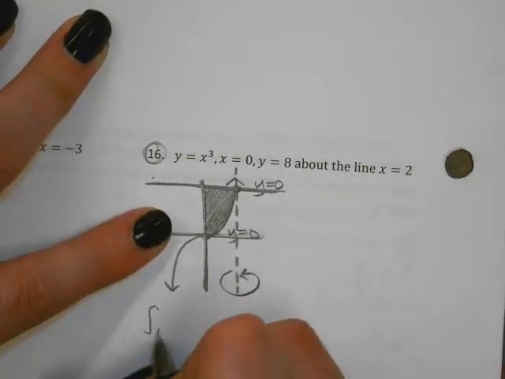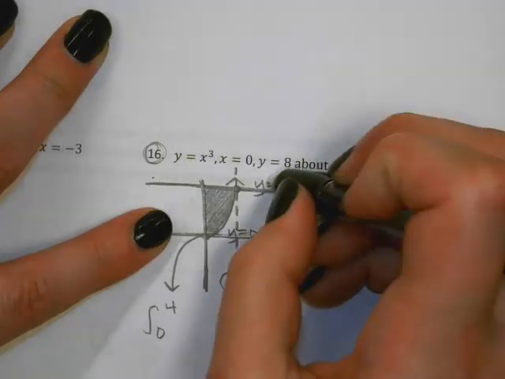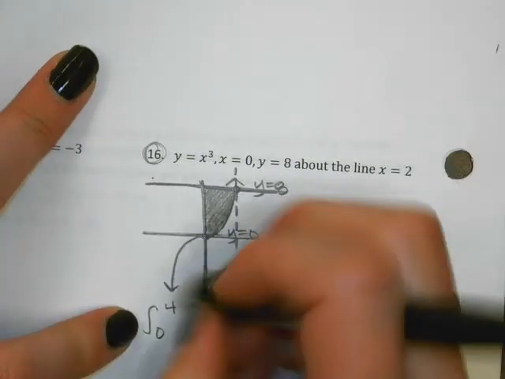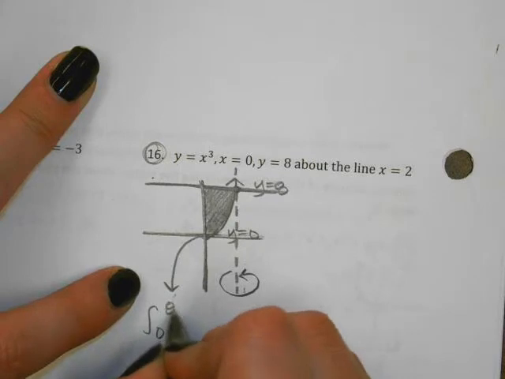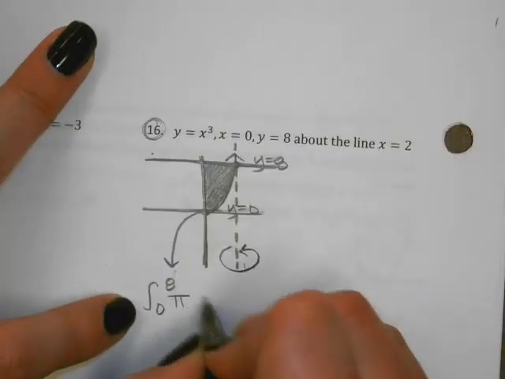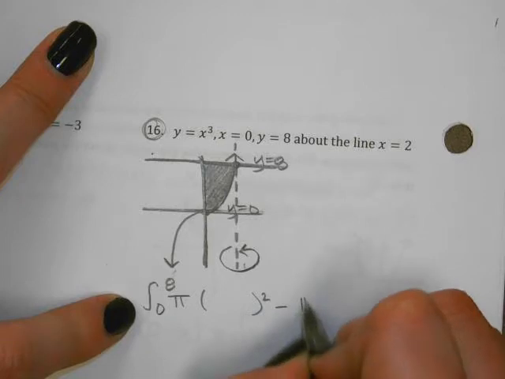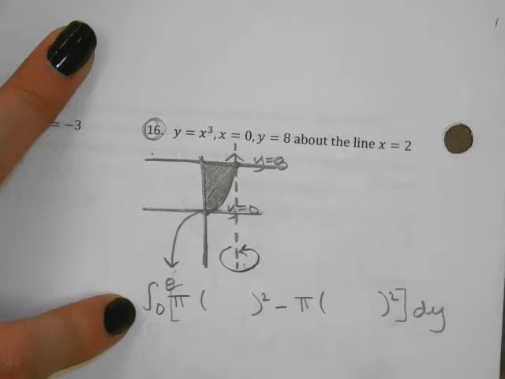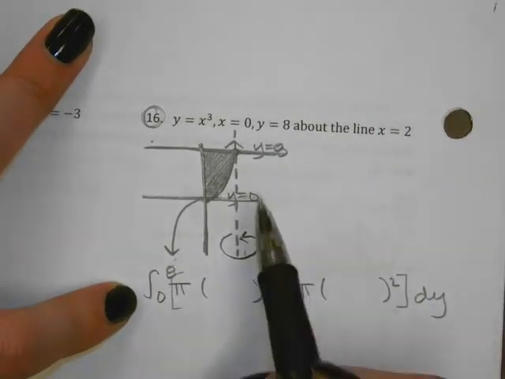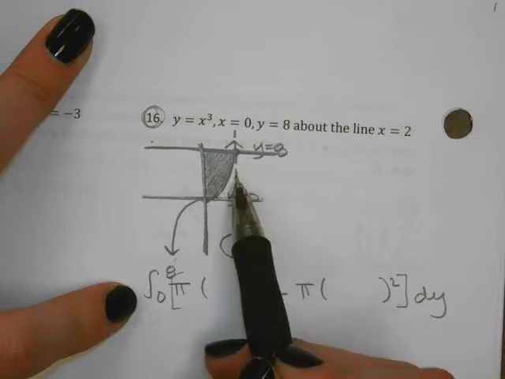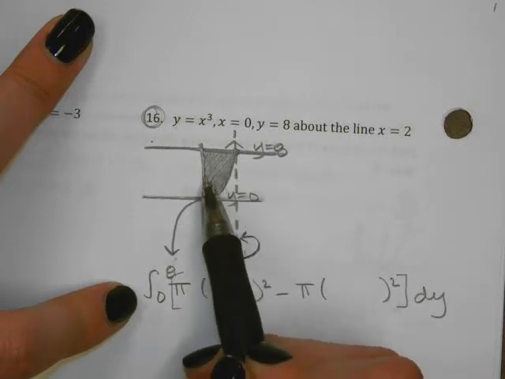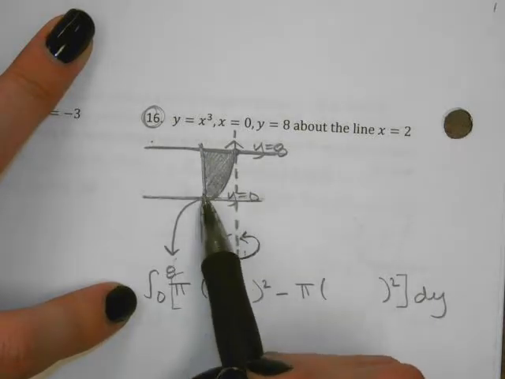So my interval is from y equals 0 to y equals 8. We have pi R squared minus pi r squared dy. I start by looking at the curve that is furthest from the axis of revolution, and that's the vertical line at x equals 0.